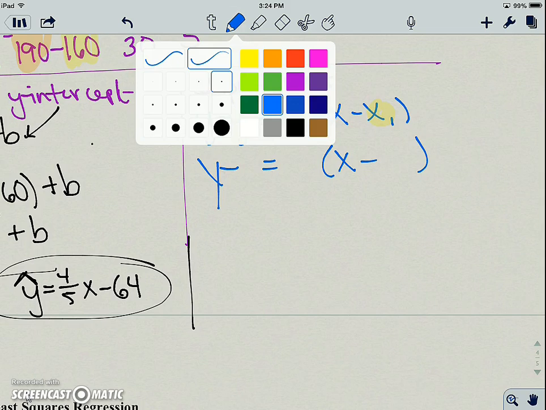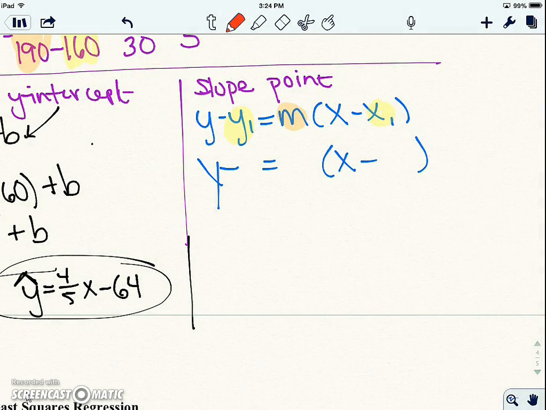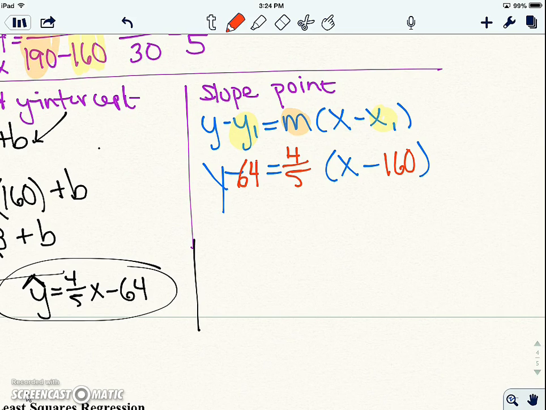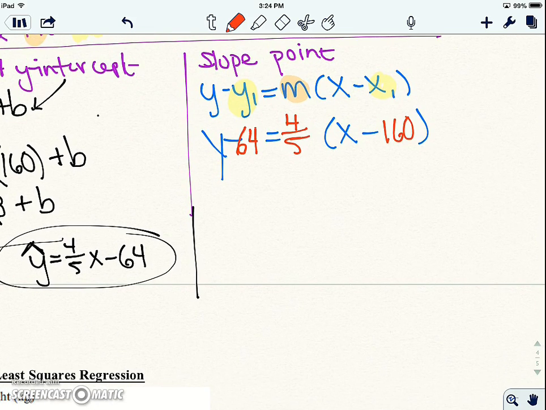So again, I'm just going to go ahead and plug in. My slope was 4/5. One of my x's happened to be 160. My other one, my y, was 64. Okay. And so what we get is y minus 64.